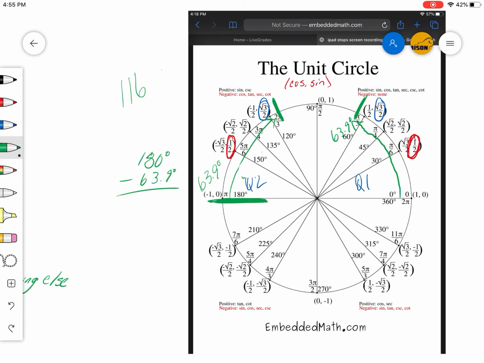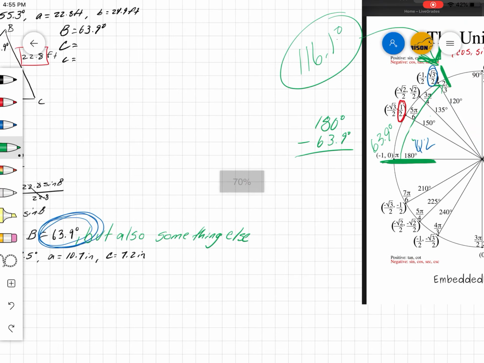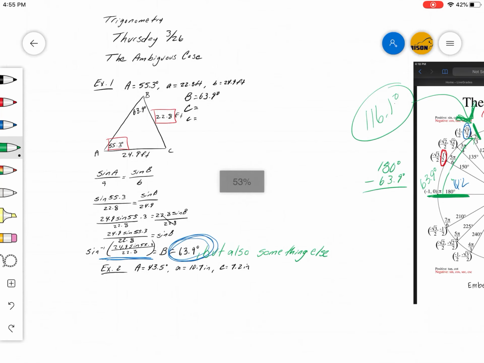So this location right here is 116.1 degrees, that green mark right there. So the moral of the story: B is not only 63.9, but it is also 116.1.